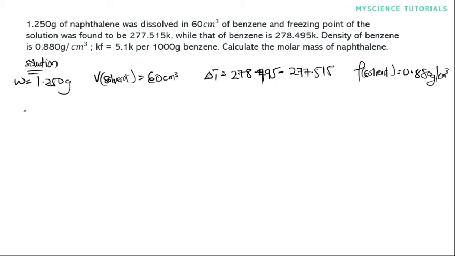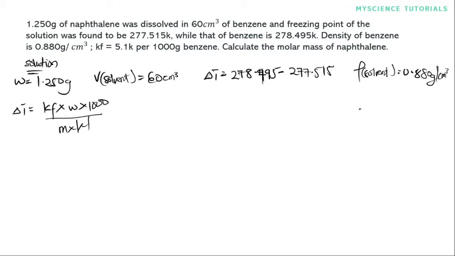Now if we look at this, we know ΔT, as we already know, is Kf multiplied by w multiplied by 1000, divided by small m multiplied by capital W. Now we can see that we have everything in the question except capital W. So it means we need to find the mass of the solvent first before we can proceed to find any other thing.